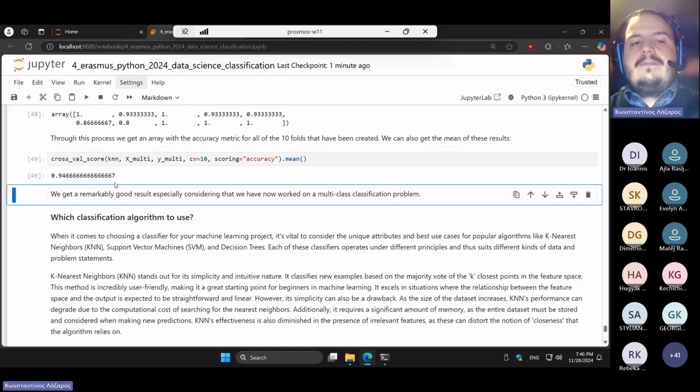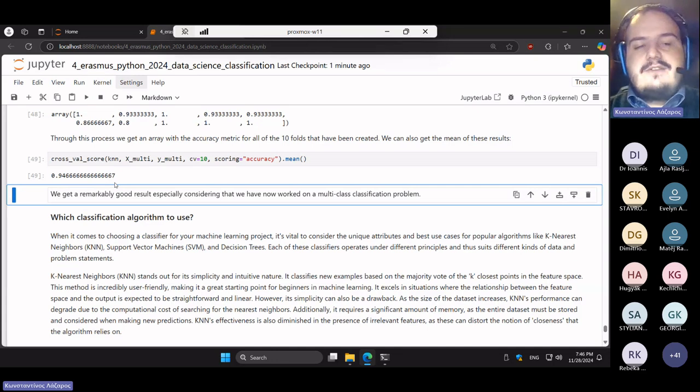Another thing, just to tackle something right out of the way. What is considered to be a good accuracy score? And that, again, depends on the context of the problem. If you are running a binary classification project, an ideal accuracy score would be something very close to 98 or 99%.